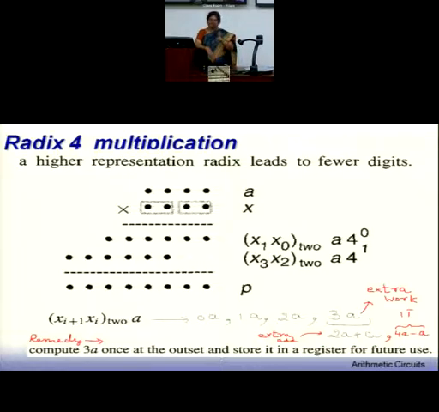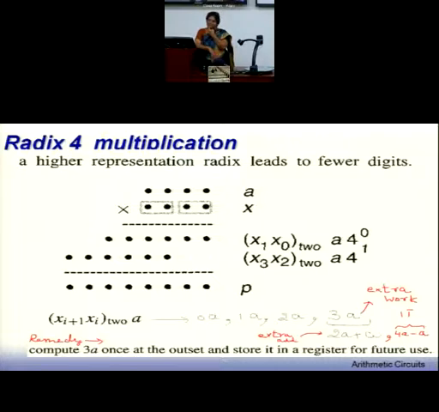But 3A is a little bit more tedious. How to generate a 3A? Out of the 4 combinations, 3 can be easily derived, but 3A will be difficult to derive because 3A requires 2A plus A. So you have to get 2A, you have to get A, and then add.